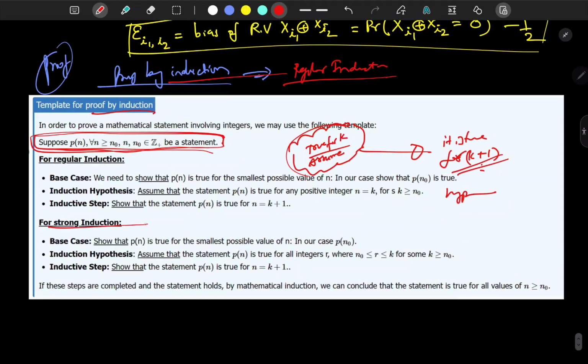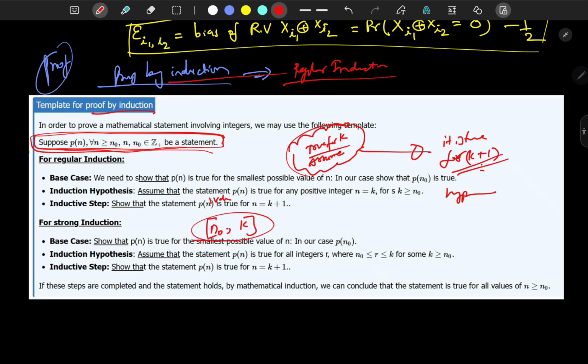For strong induction, here also we consider only the base case. But in the induction hypothesis, instead of only one value, we consider a range, going from the base case to some value k.